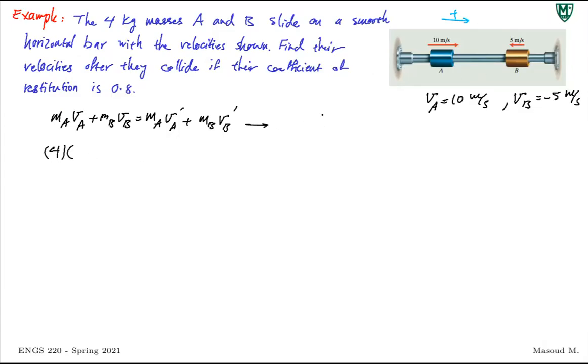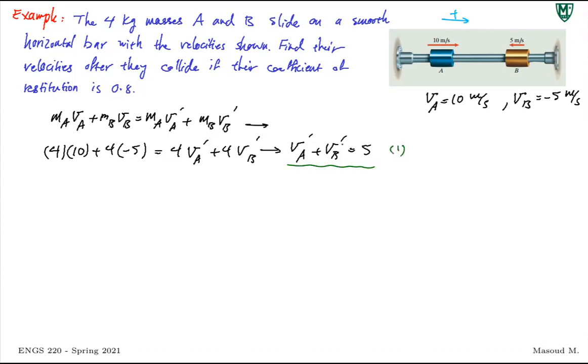So 4 times VA, which is 10 meters per second, plus 4 times VB, which is minus 5, is equal to 4 VA prime, which we don't know, plus 4 VB prime. So VA prime plus VB prime becomes 5. This is equation 1, the first equation. I have two unknowns, VA prime and VB prime. We'll go for the second equation.